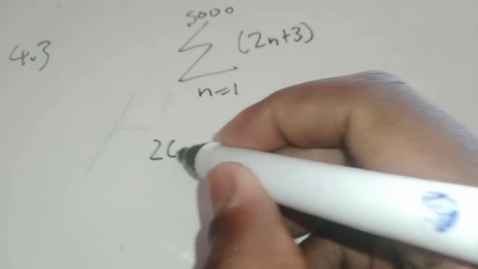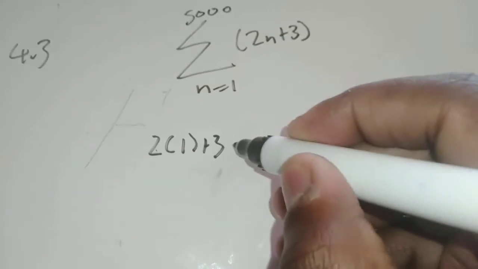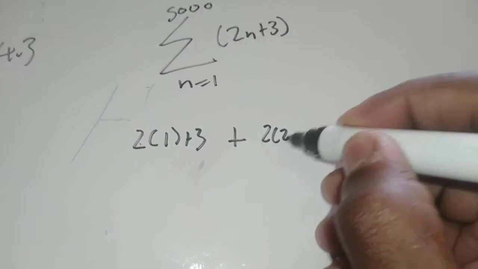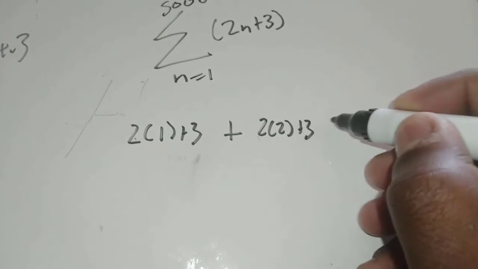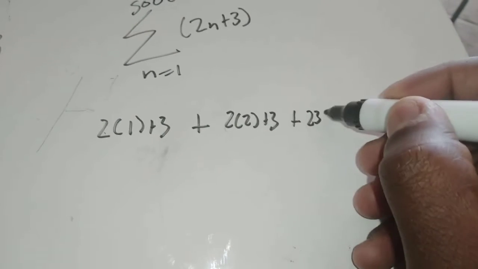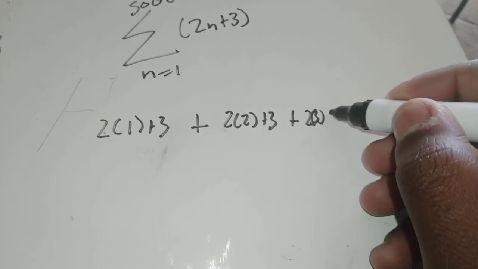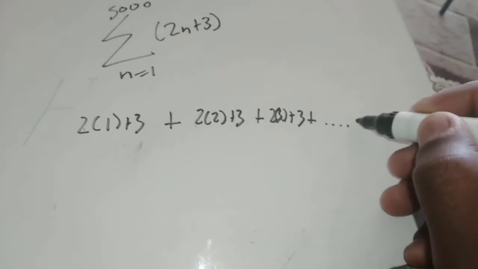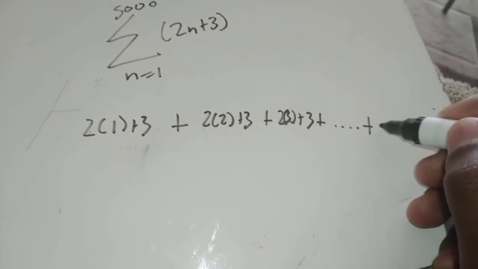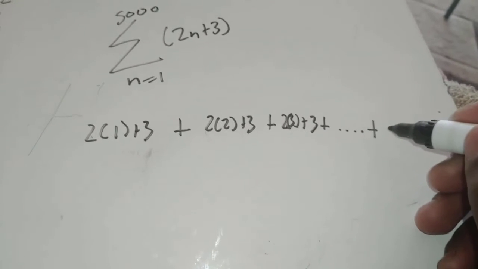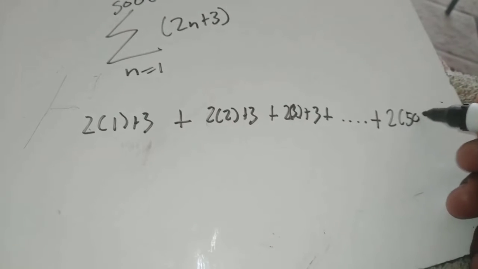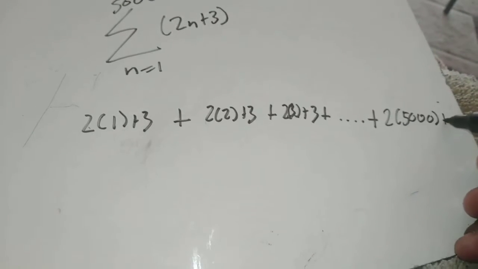So the first three terms is just going to be that, plus we substitute 2, plus we substitute 3, plus dot dot dot. So we substitute the final one, which is 2 into 5,000, plus 3.